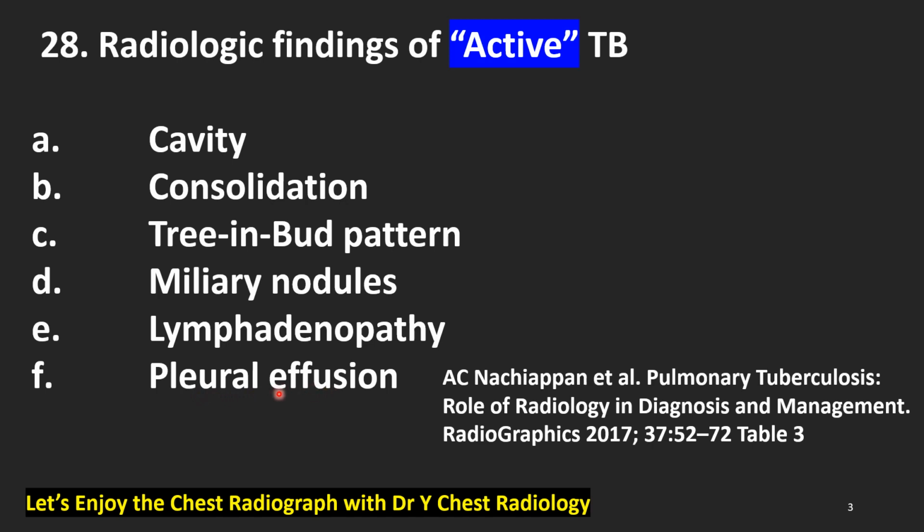If we see these findings in the chest radiographs or CT, we can say, yes, this is an active tuberculosis. This patient is ill. He needs treatment. Let's do it again. Cavity, consolidation, tree in bud pattern, miliary nodules, lymphadenopathy, pleural effusion.